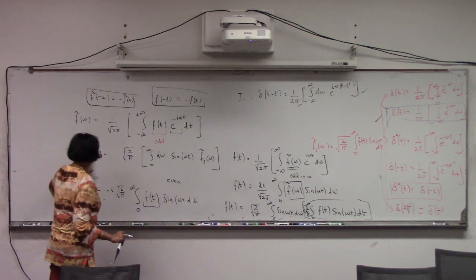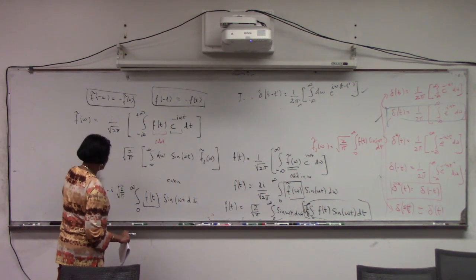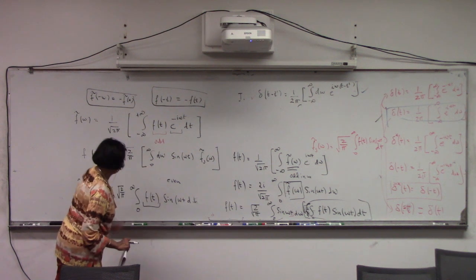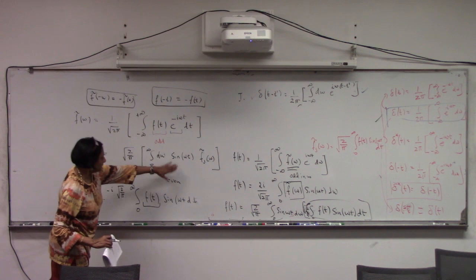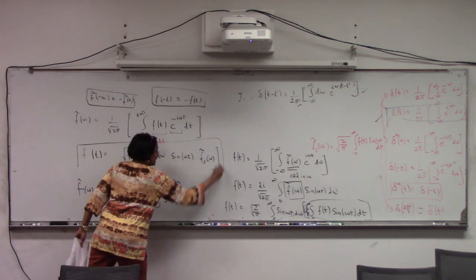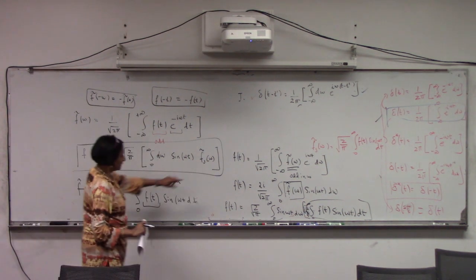This is a function, but only the sine transform is given by this expression. The other way around, as I said, right? Their f s tilde of omega is nothing but that.